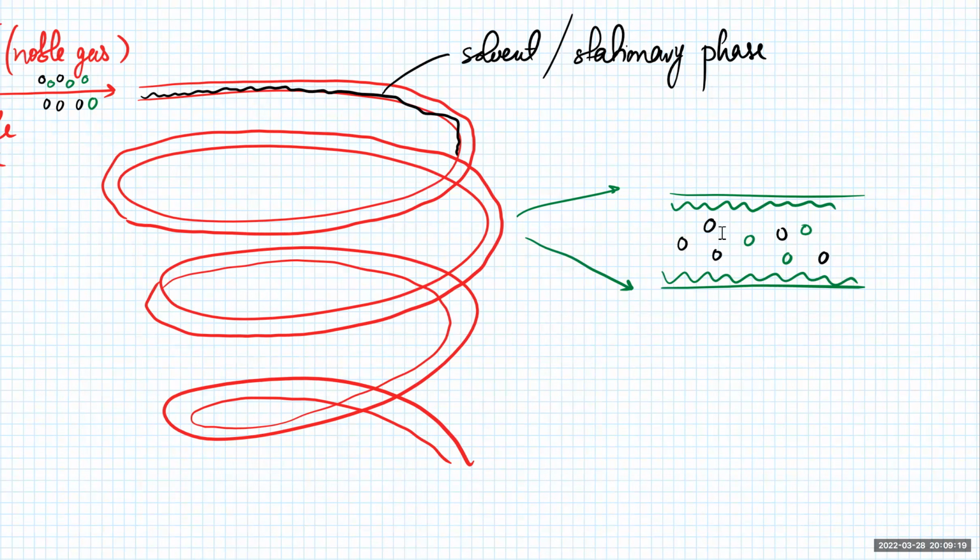Let's assume that this black dye over here is very soluble in the stationary phase, the liquid that is coating the tube. So the black dye would slow down, while the green dye will continue to move with the gas.